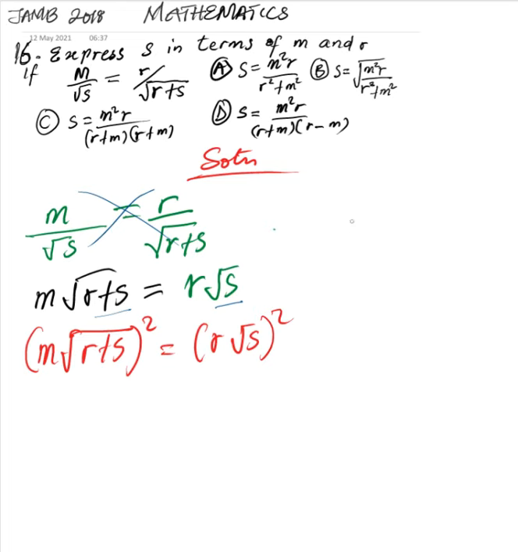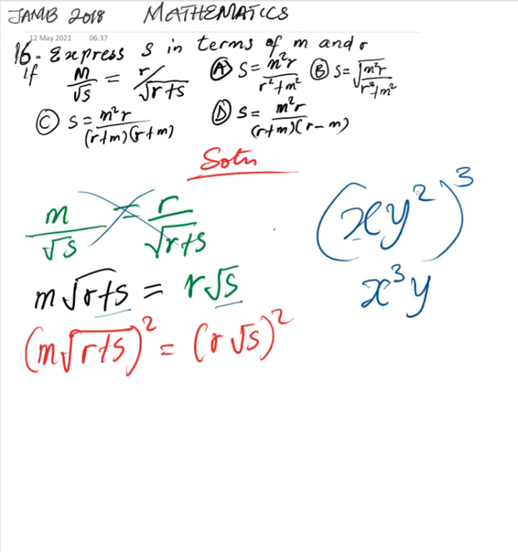Remember, if we have x and y squared, and everything is raised to the power of 3, in indices, we say x and y squared share this power. So we can simply rewrite this expression as x cubed, then y raised to the power of 2 times 3, to give us 6. That is in indices.